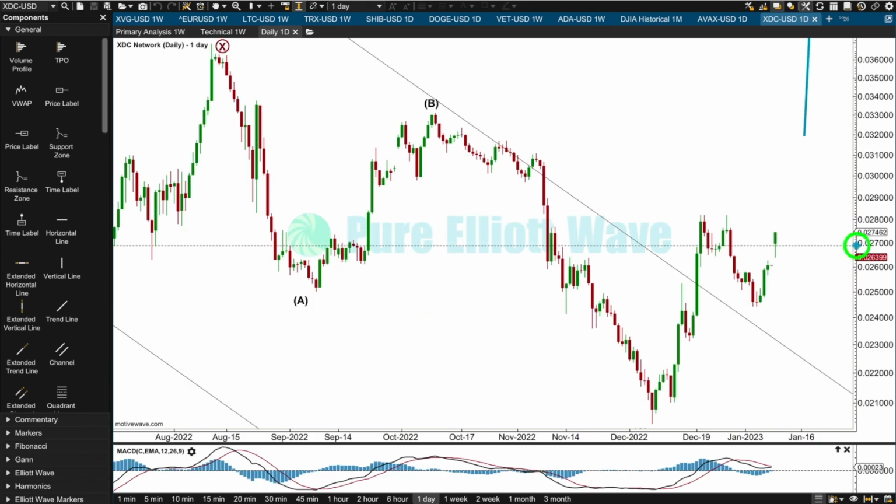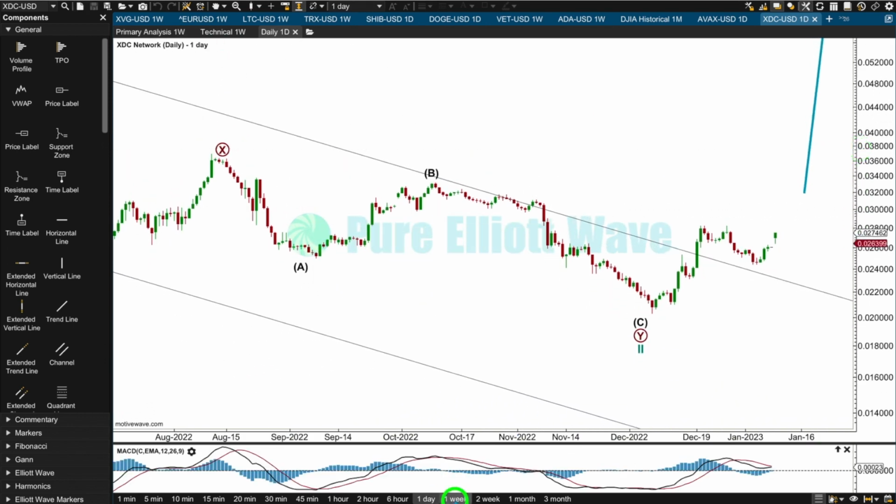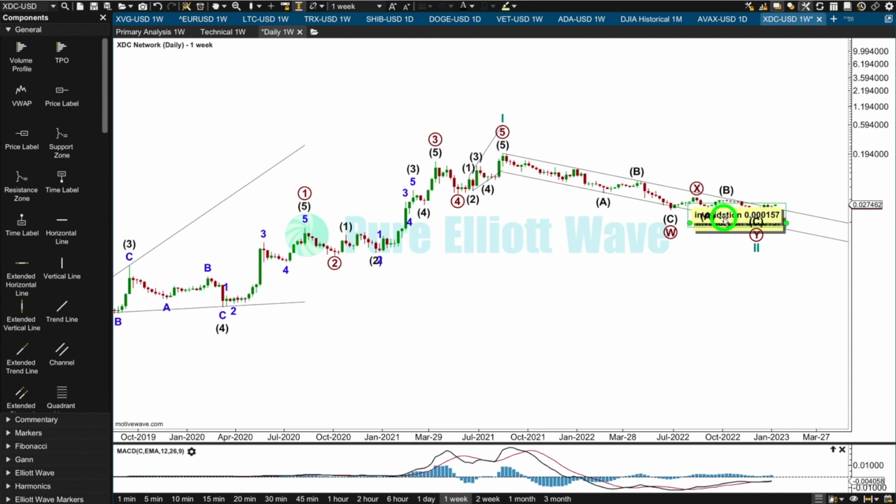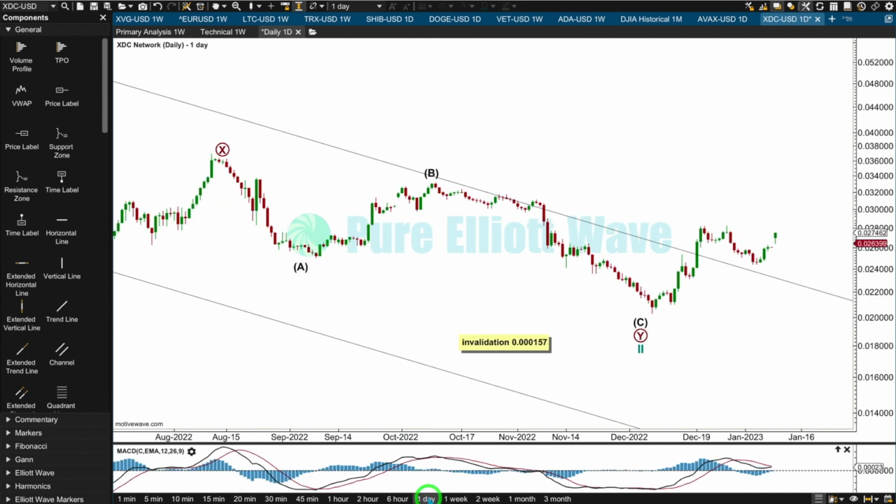Okay, now here it is on the daily. I'm going to zoom out to the weekly and just get rid of these elements because it changes how the chart sits, and pull my invalidation point up here so when I go back to daily I can see it. Okay, so it's down here.